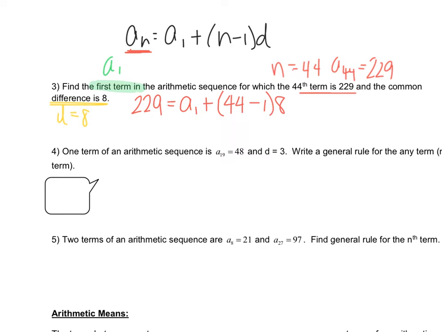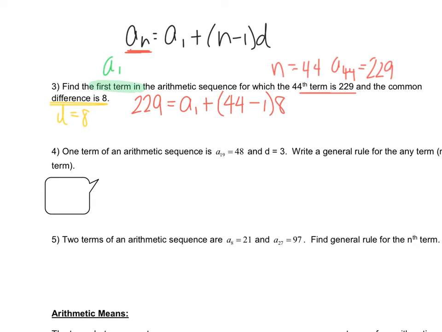Okay, so just to go over that again, we were given the 44th term, and the 44th term was 229. So that's what goes in for a sub n. We're missing a1. n is 44, because once again we have the 44th term. And then the common difference is 8.